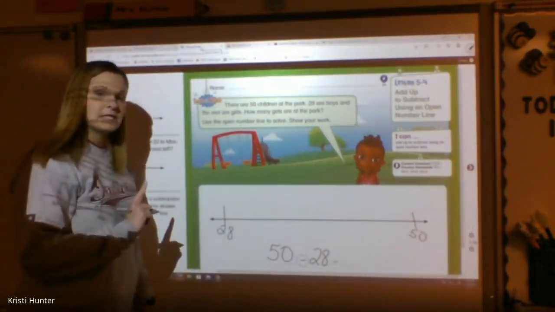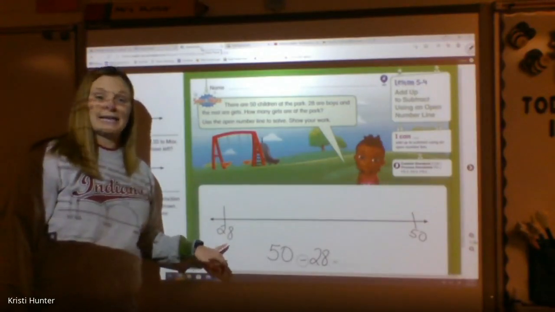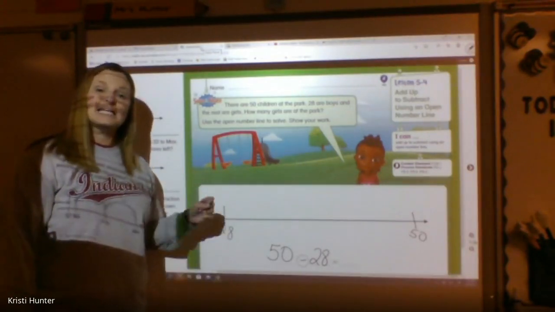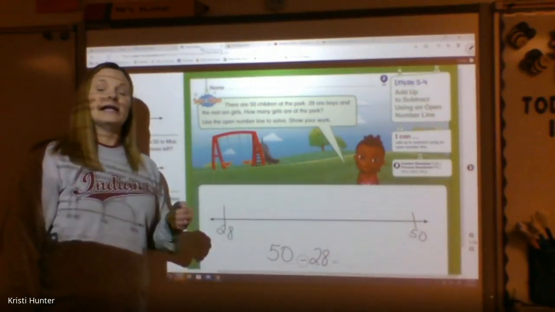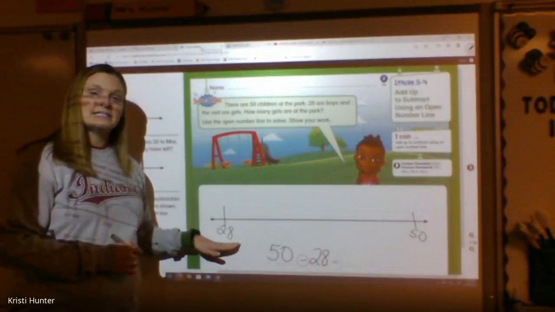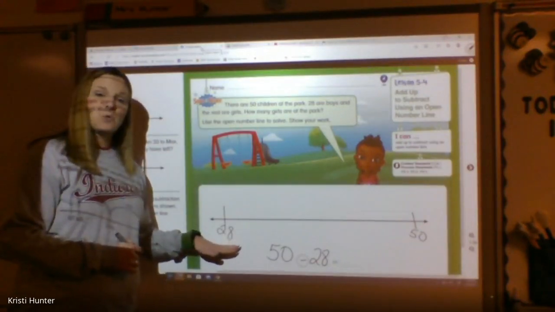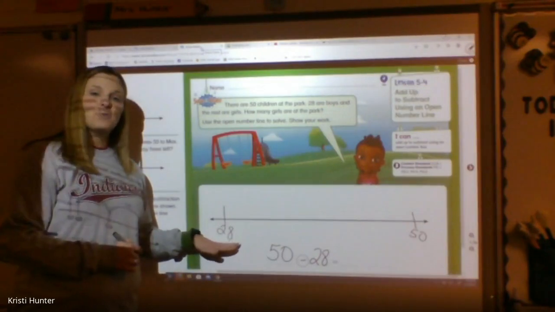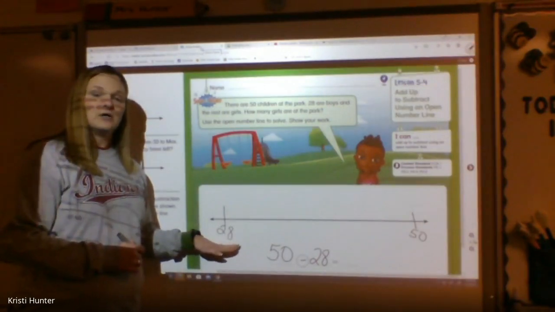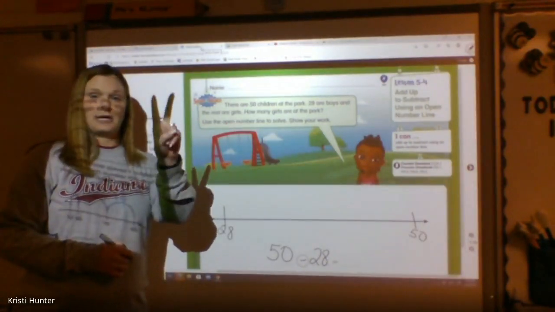So here's what I'm going to do. I need to turn 28 into a 10. And by a 10, I mean 10, 20, 30, 40, 50, a number that I can easily add to. So the closest 10 to 28 is going to be 30. If I think about this number 28, how many jumps away would it be to get to 30? 28, 29, 30.